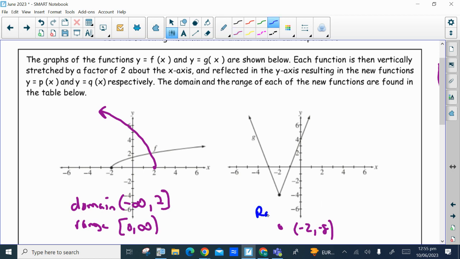The range will go from -8 up to positive infinity. When you reflect this over the y-axis, this point would now be at (2, -8), but it still goes left and right forever. So the domain will not change. It'll still go from negative infinity to positive infinity.